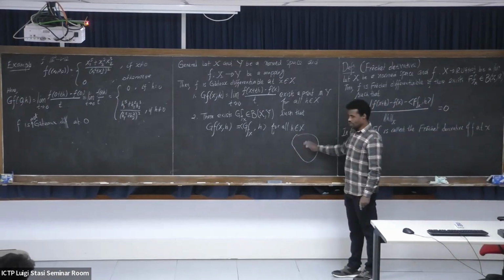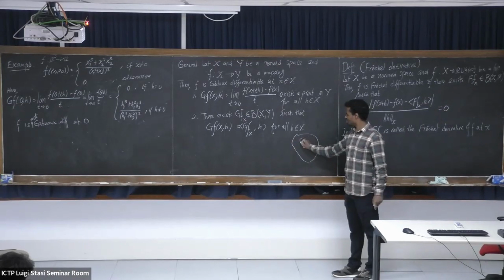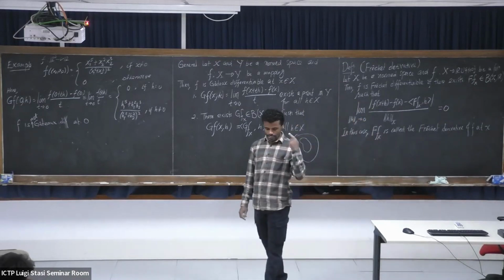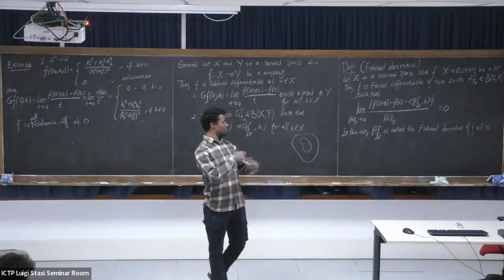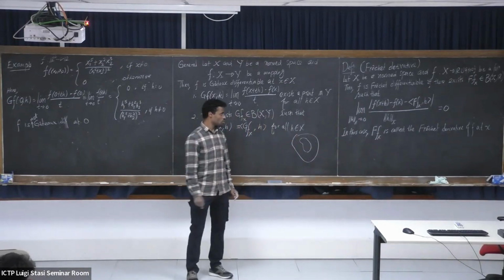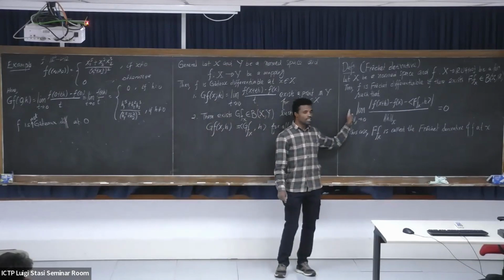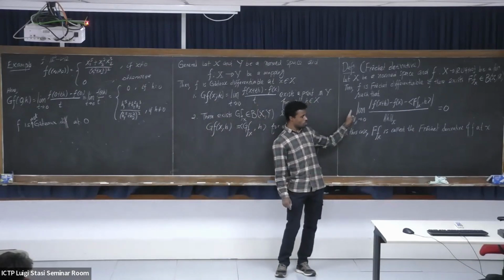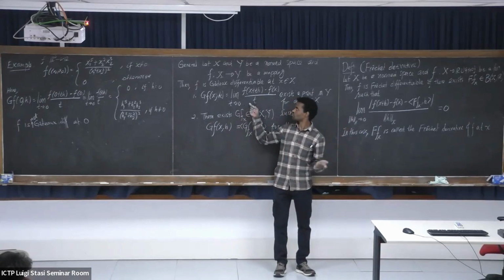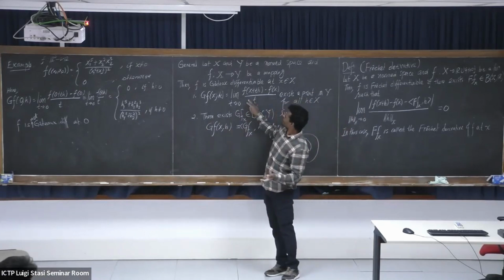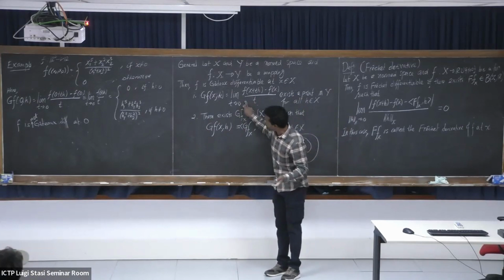We have the set of Gateaux differentiable functions and the set of Fréchet differentiable functions. Fréchet differentiability implies Gateaux differentiability, but the reverse is not true. Gateaux is given directly, but Fréchet is indirect.